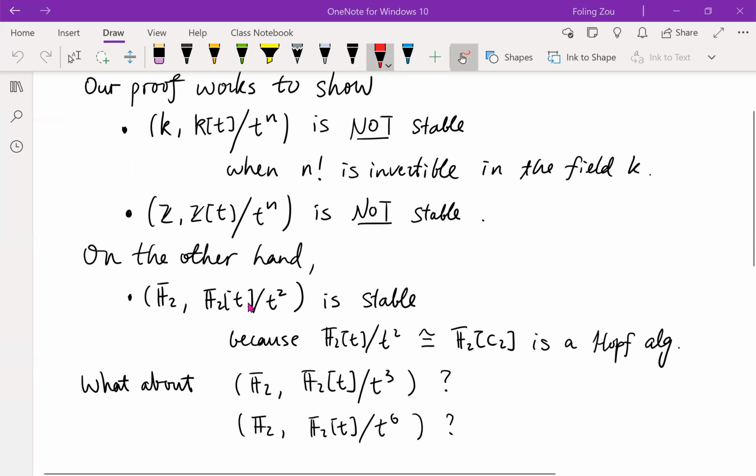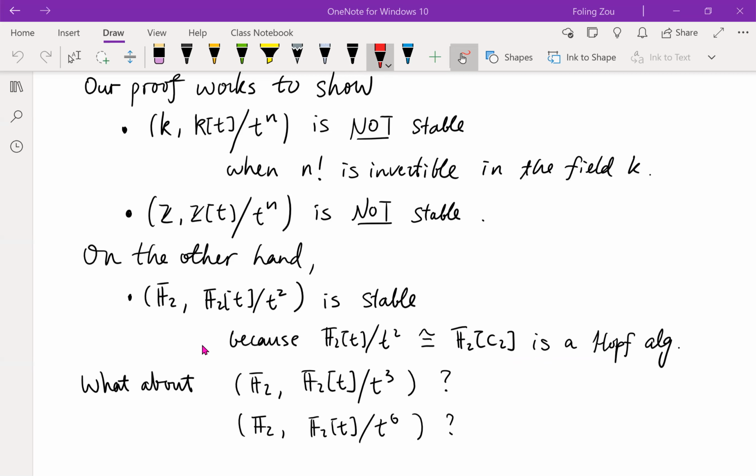But on the other hand, if the field is F2, we know F2[t] mod t squared over F2 is stable. This is because we can identify this truncated polynomial ring with the group ring of C2, and the group ring of C2 is a Hopf algebra over F2. So we know that this is stable because it's a Hopf algebra pair.